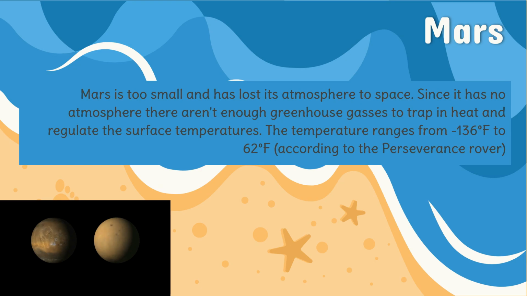The temperature on Mars ranges from negative 136 Fahrenheit to 62 degrees Fahrenheit. Again, pretty big swings, and this was recorded by the Perseverance rover.